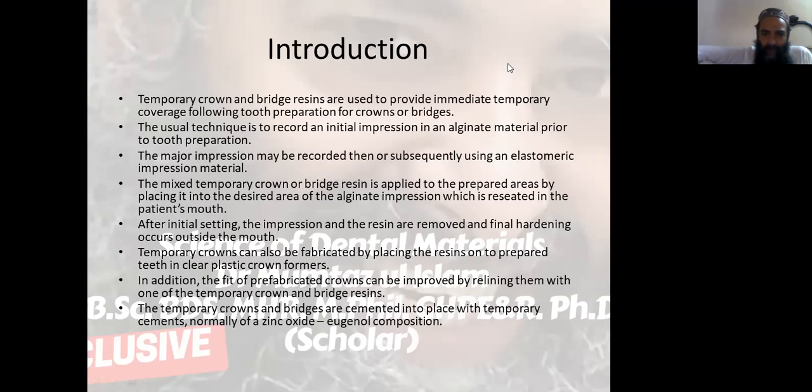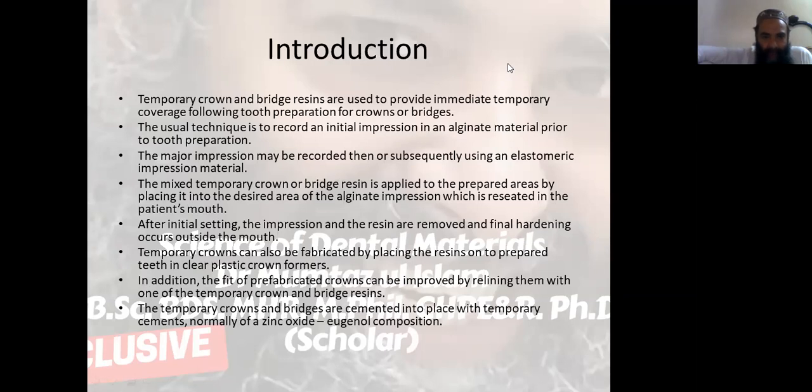So these are all materials which we have already discussed. Temporary crown and bridge resin are used to provide immediate temporary coverage following tooth preparation for crowns or bridges. For immediate, temporary.